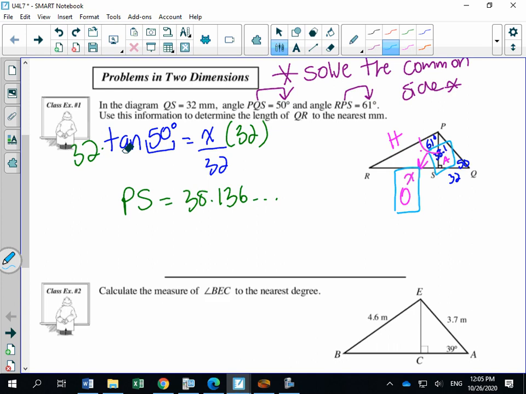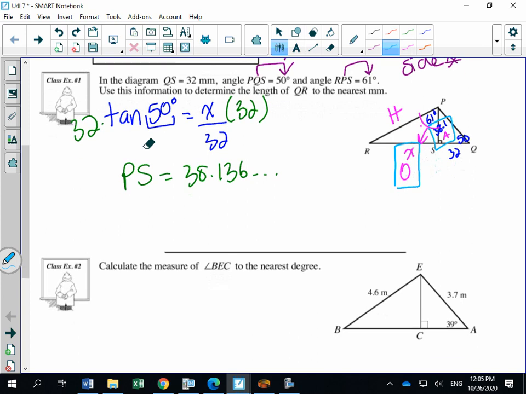O and A is the same ratio, so tan. So now we're doing the tan of 61 degrees is equal to opposite over adjacent. Get rid of that divide by 38.136 by multiplying both sides.